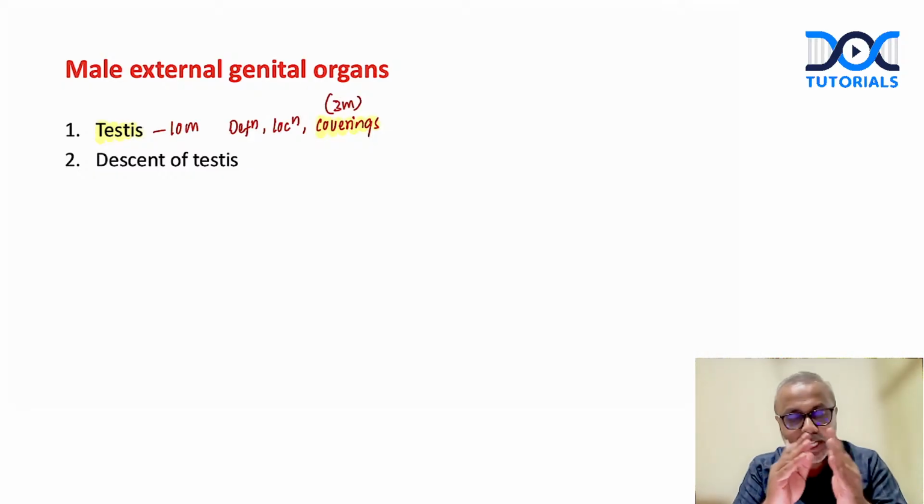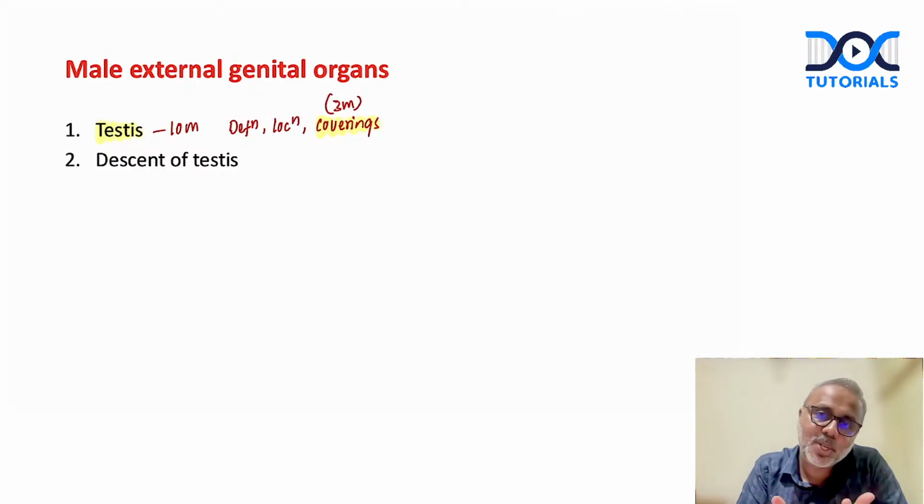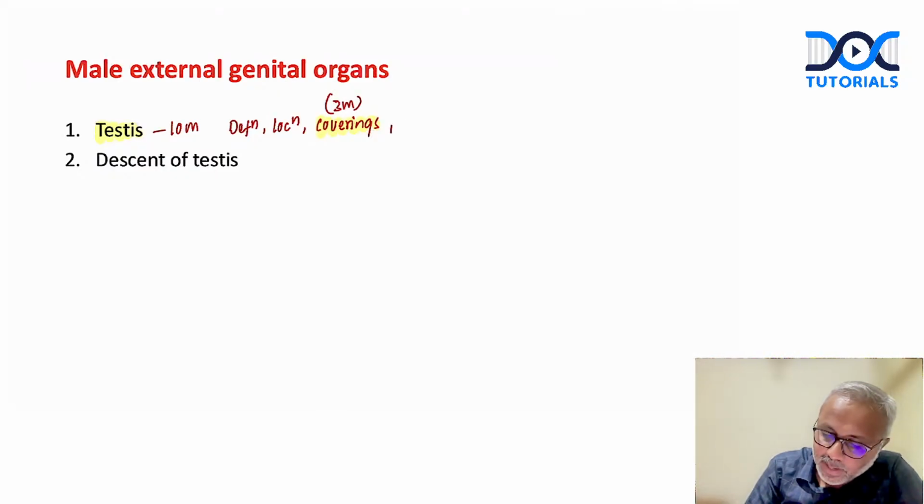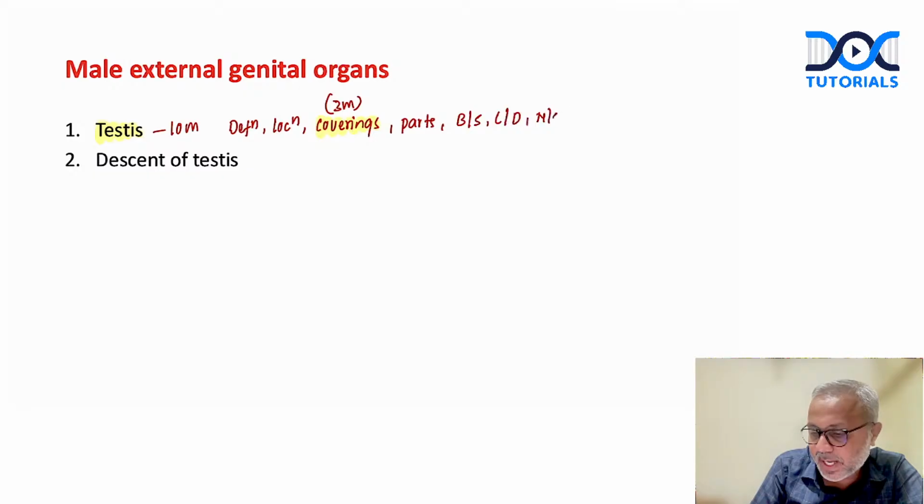What are the 3 internal coverings? Then what are the layers that actually make up the scrotum? This also could be a question. Then what about the presenting parts? Then blood supply, lymphatic drainage, nerve supply.